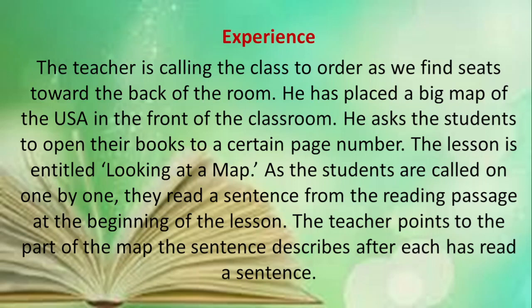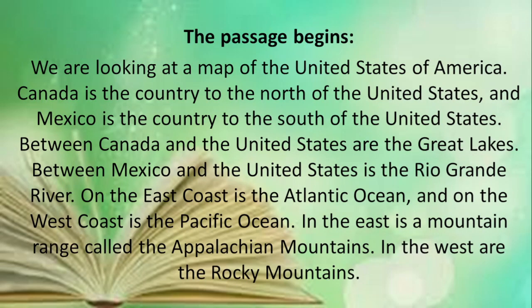As the students are called on one by one, they read a sentence from the reading passage at the beginning of the lesson. The teacher points to the part of the map the sentence describes after each has read a sentence. The passage begins, "We are looking at a map of the United States of America. Canada is the country to the north of the United States, and Mexico is the country to the south of the United States.